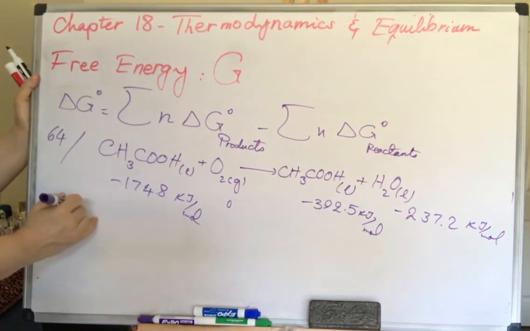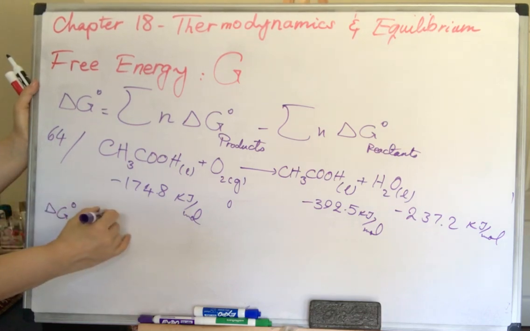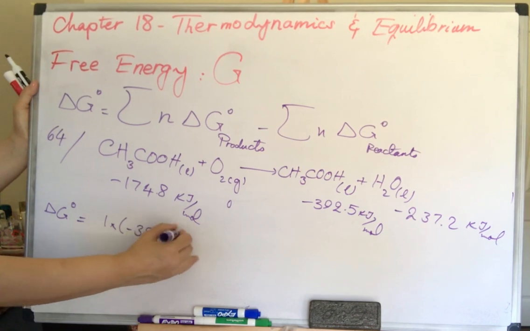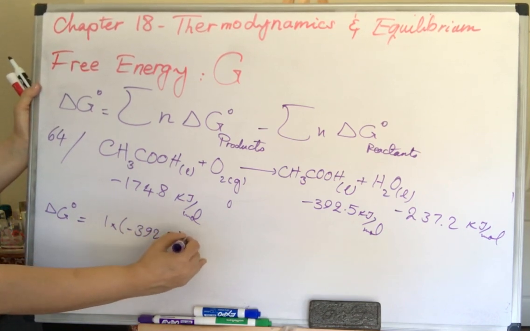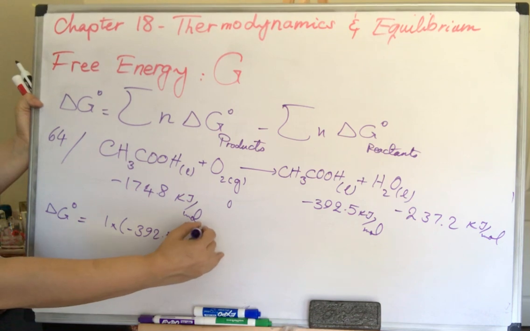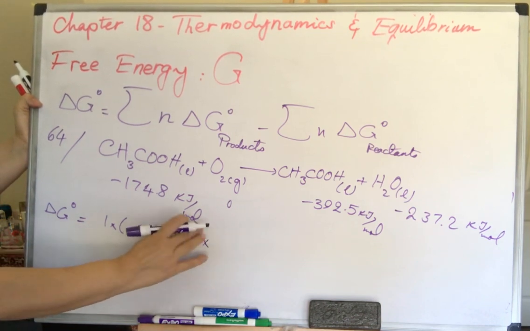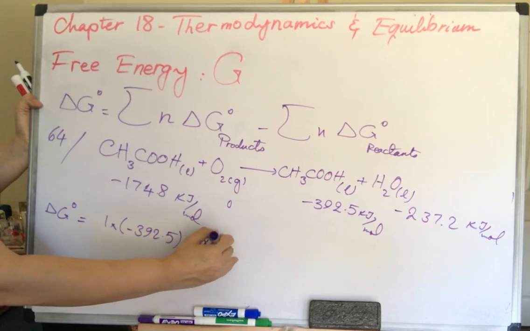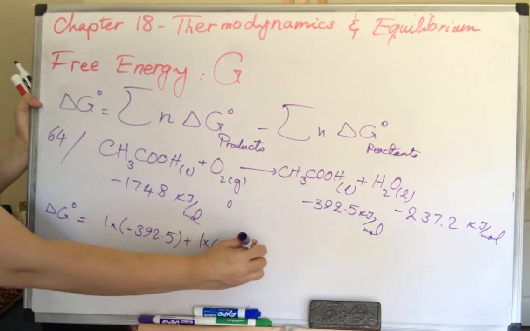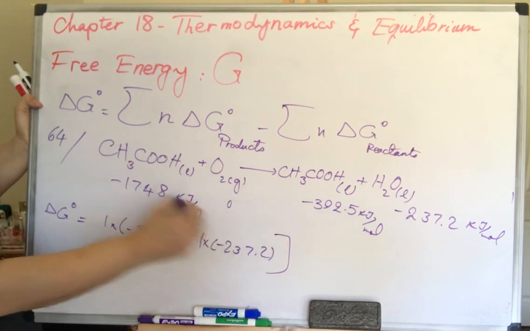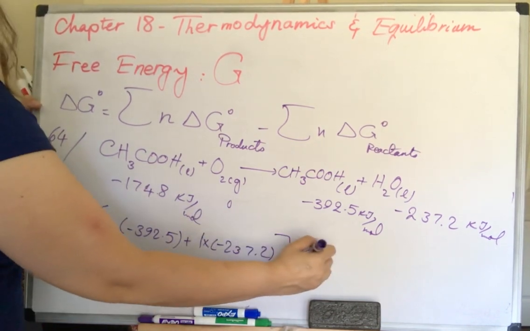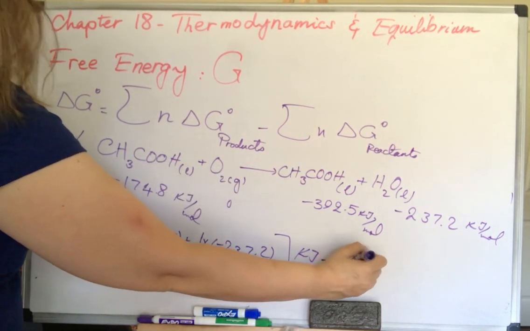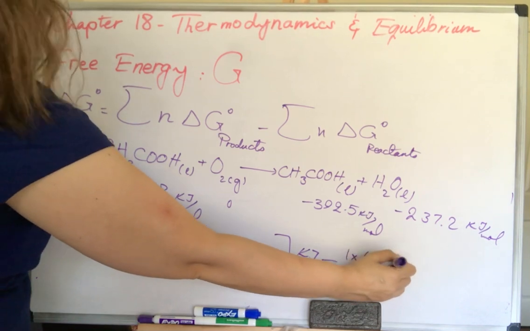Delta G standard is 1 times minus 392.5, minus, or let's say plus, include the minus here, moles are multiplied so it's just kilojoules, minus the right side, 1 times minus 174.8.